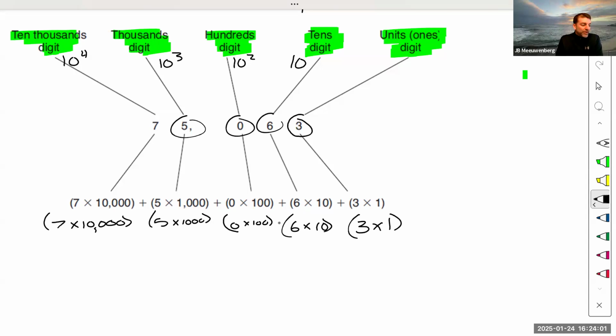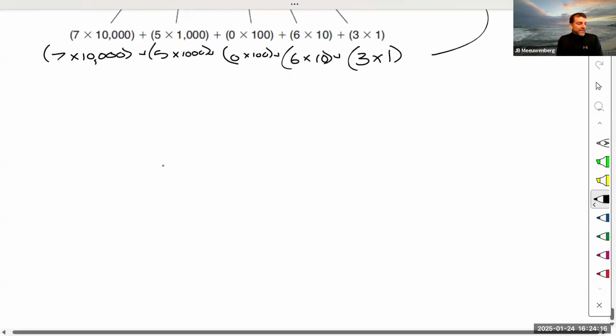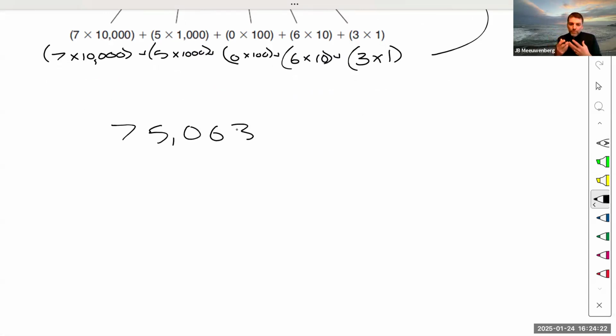So we find each of those values, we add them all together, and it gives us that one singular number. So the condensed form of the number is what we see here, right? 75,063. That's the condensed form.